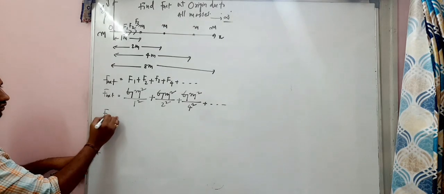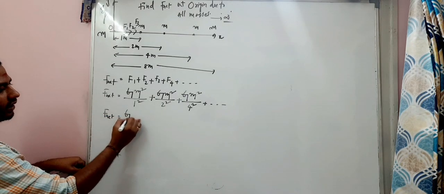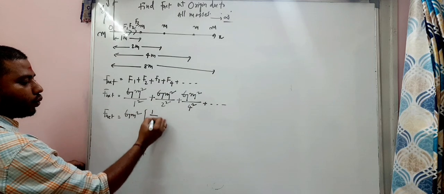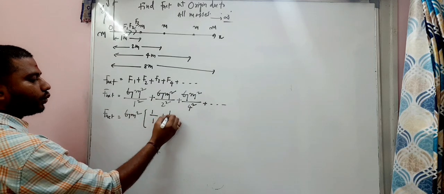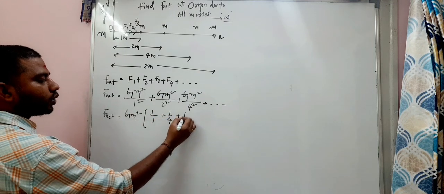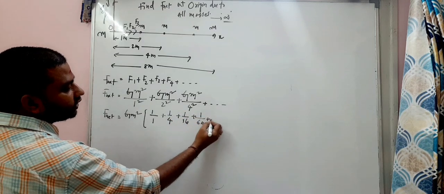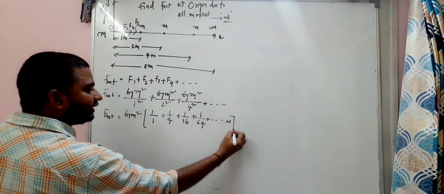So the net force is equal to Gm square, taking it common, and what is left here is 1 by 1 plus 1 by 4 plus 1 by 16 plus 1 by 64. You will get it.